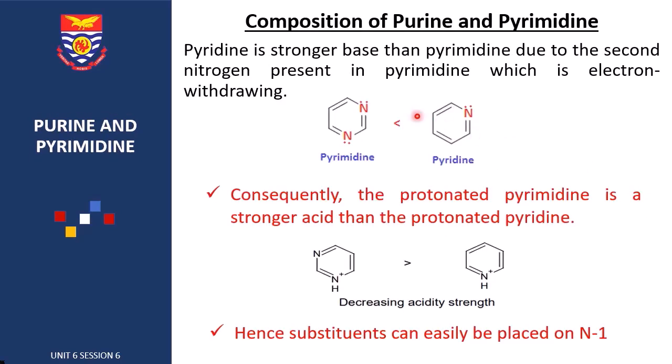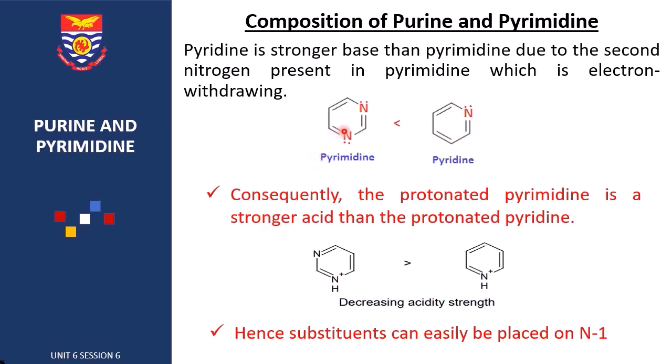Now, if we want to compare the basicity between the two, we can compare the basicity of pyrimidine with the basicity of pyridine. Pyridine is a stronger base than pyrimidine due to the fact that there's a second nitrogen, which is a heteroatom in pyrimidine, which is electron withdrawing, right? So the electrons are not easily donated to make them Lewis bases because they are closely held together, making pyridine more basic than pyrimidine, and consequently the opposite is true for their conjugate acids.